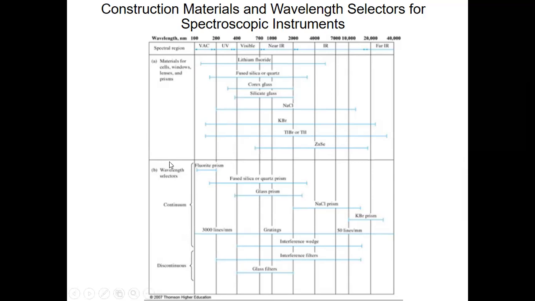And the bottom part is for the wavelength selector, continuum and discontinuous. We will discuss this in detail when we get to the wavelength selector section. So yeah, it has all the prisms, gratings, filters, and all these things. We will discuss this one later when we talk about the wavelength selectors.